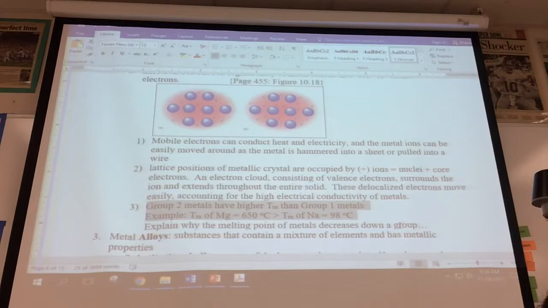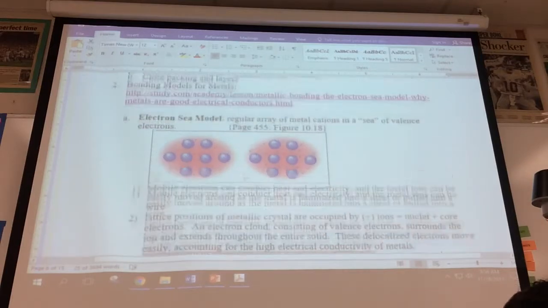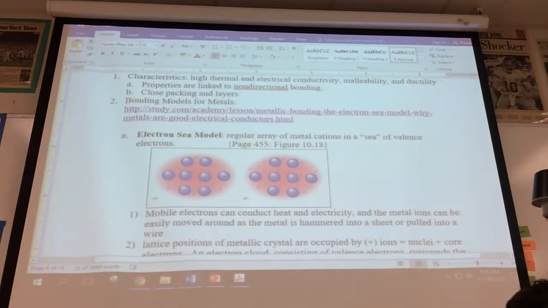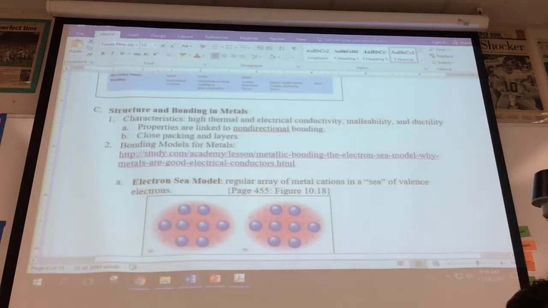Down a group you have the same number of valence electrons, but what do you know about the valence electrons down a group? They are further from the nucleus with more electron shielding. Alrighty. So you've got your electron sea model, which helps explain properties of metals.